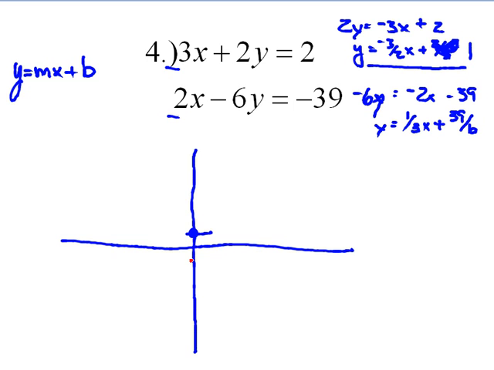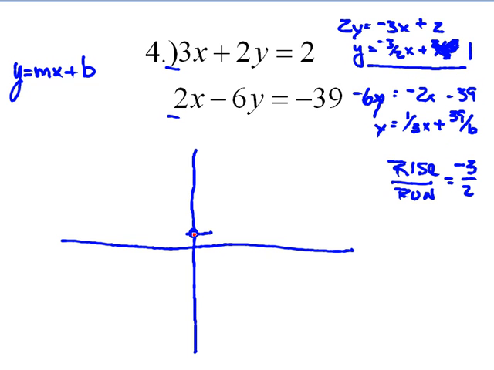That's this point right here. Now the slope, remember I told you it was the rise over the run. Okay, so we're going to rise, or actually in this case we're going to go down 3 and to the right 2 because it's a positive 2.